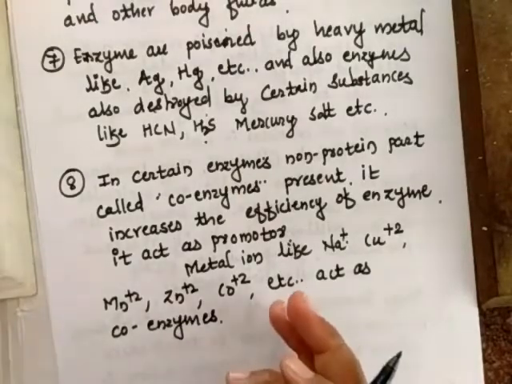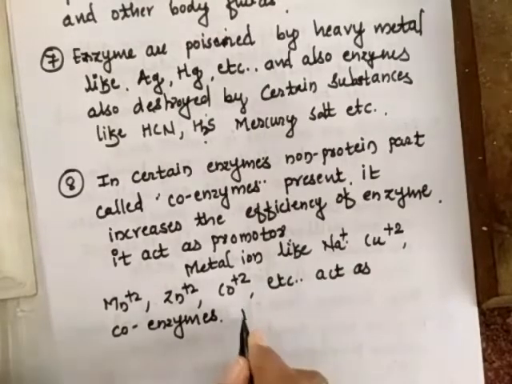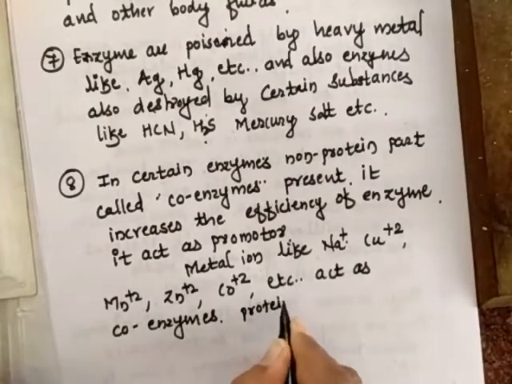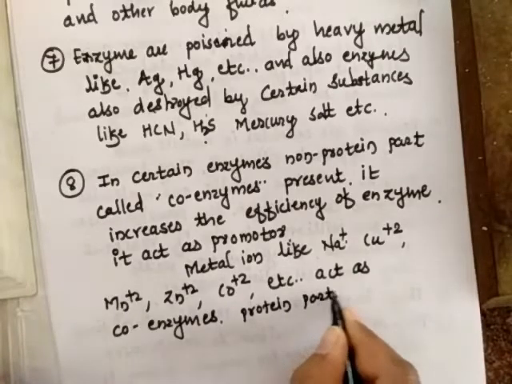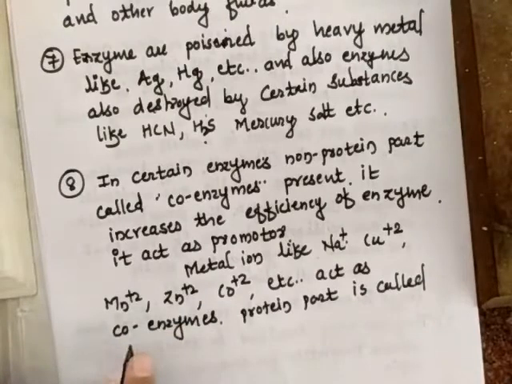In such enzymes, the protein part is called the apoenzyme.